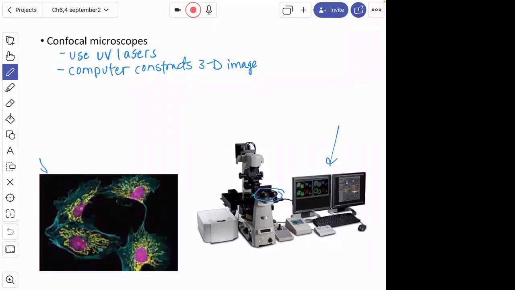So this is some cow medulla cells, I believe. You could actually kind of, with the computer, spin that image around and look at it from all different angles. So it's a powerful tool, not quite as expensive as an electron microscope, and it's not as difficult to prepare specimens and just to keep the whole thing running as what an electron microscope would be.